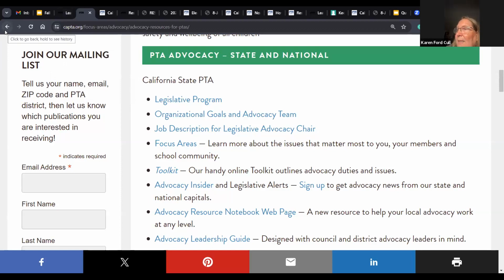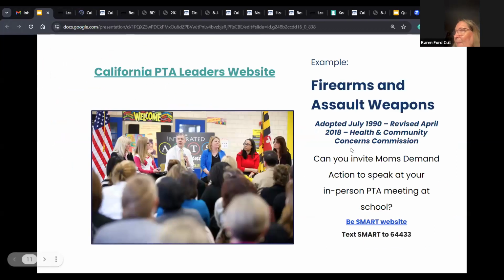So if we go back to the slideshow, I came up with an example: firearms and assault weapons is an example of a California PTA policy. It was adopted in July 1990 and revised in 2018 by the Health and Community Concerns Commission. This wasn't a resolution, but a policy built out based on other resolutions.